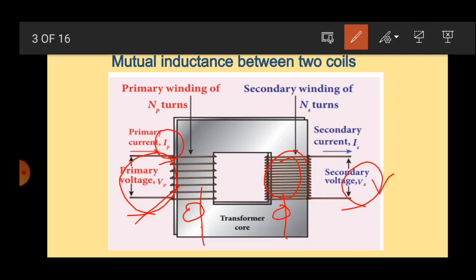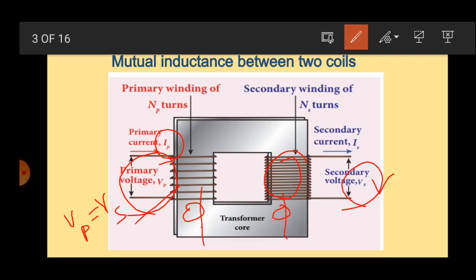Now this means the rate at which magnetic flux changes through each turn is the same for both primary and secondary. As a result of the magnetic flux changes, EMF is induced in both the primary and secondary coils.